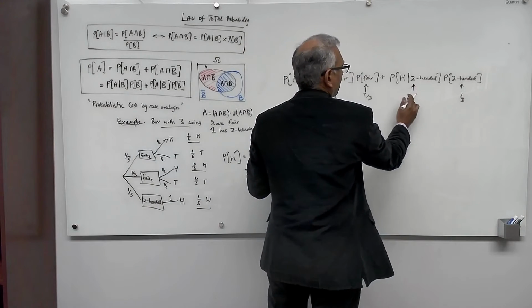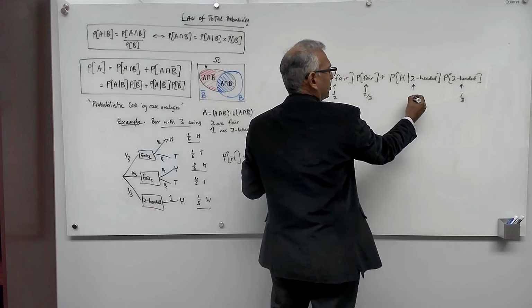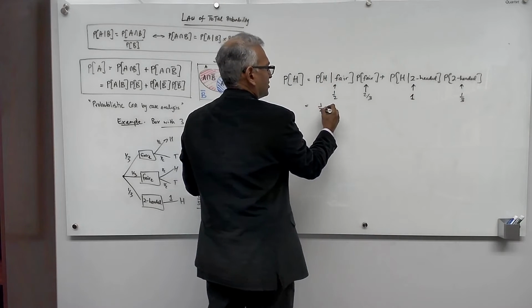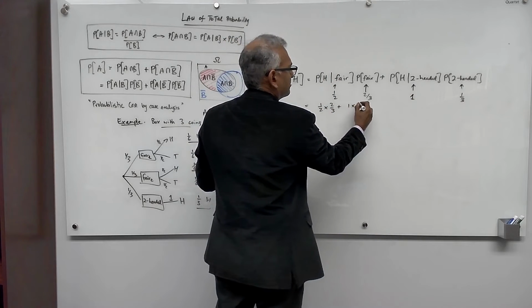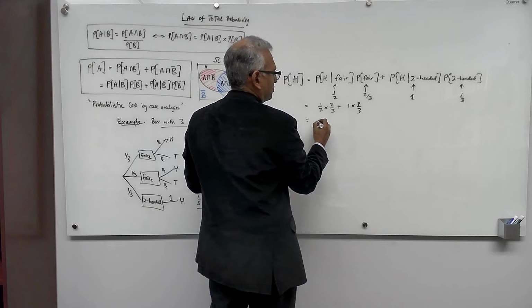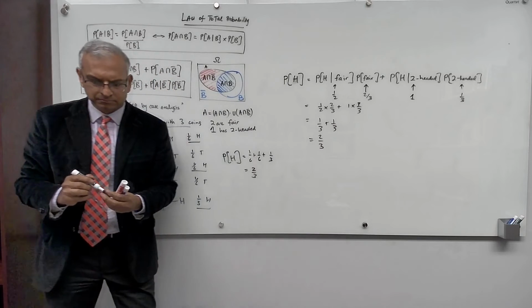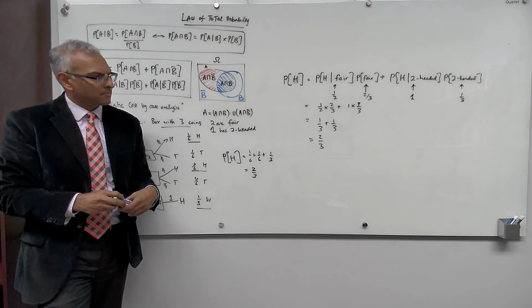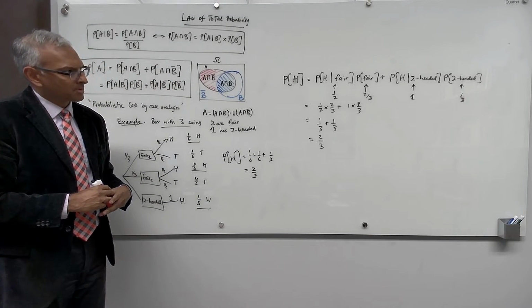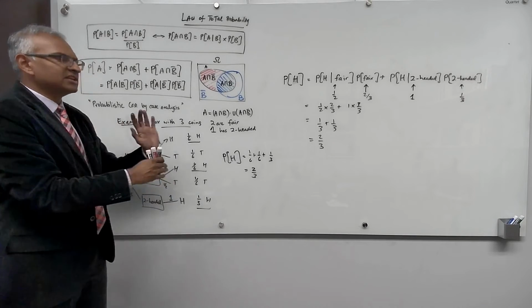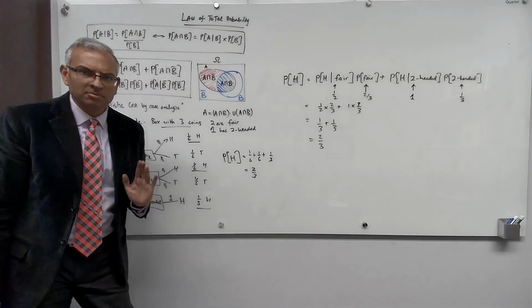And the probability of getting heads, if you have the two-headed coin, is just 1. So this is 1/2 times 2/3 plus 1 times 1/3, which is equal to 1/3 plus 1/3, which is equal to 2/3. Bam! So easy. No need of outcome tree, nothing. We're using the law of total probability.